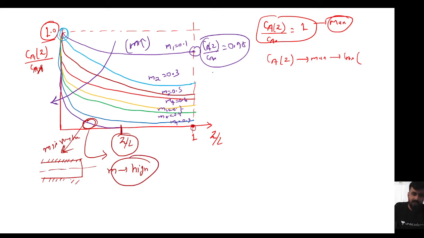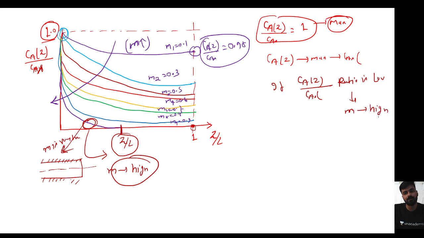Okay, so if the CAZ upon CAS ratio is low, M will be high. Why?